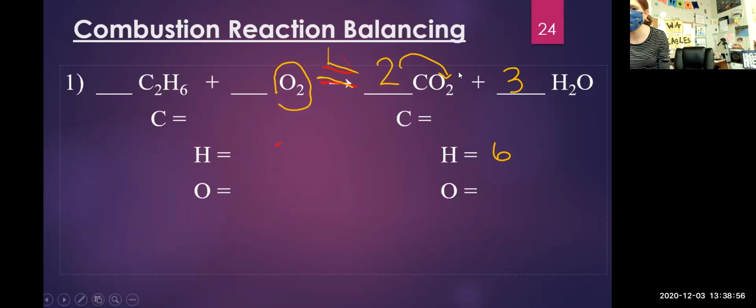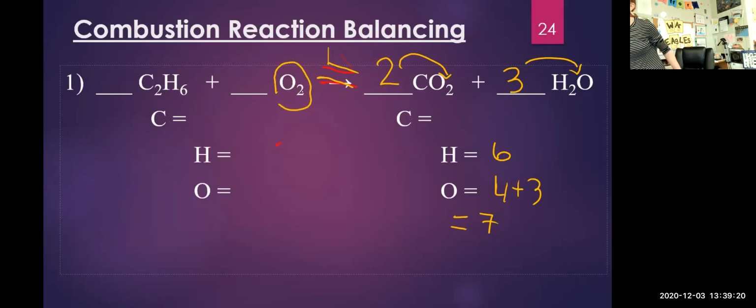But there are some more oxygens over here, so 4 plus 3 more. How many oxygens do we have in total? 7.